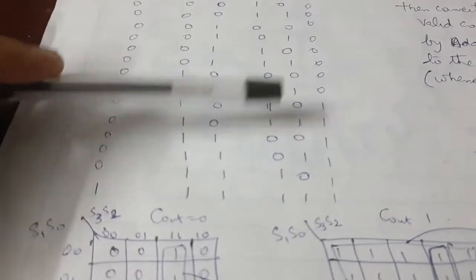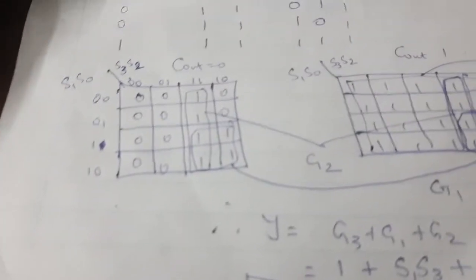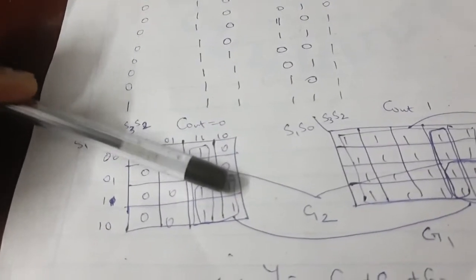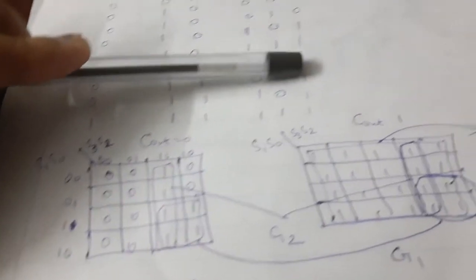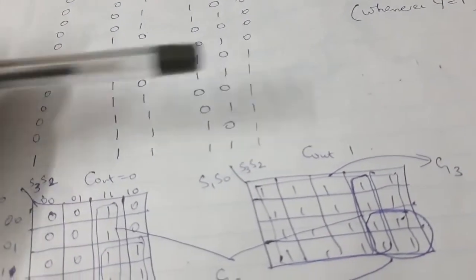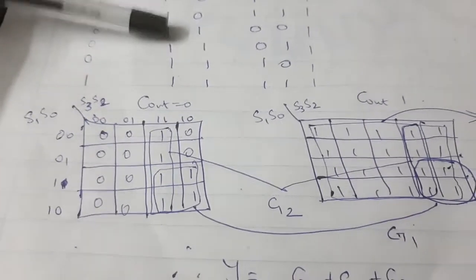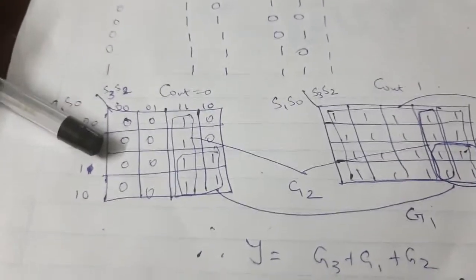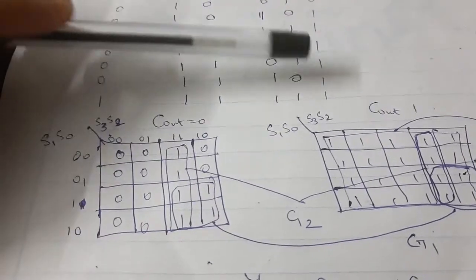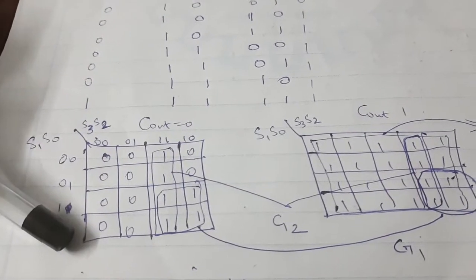Second condition: S naught and S1 as 1 1 and S3 and S2 as 1 0. Similarly, the next condition is 1 0 0 0 0, output is 1 1. Similarly 0 1, output is 1 1 1. Next is 1 0 1 0.